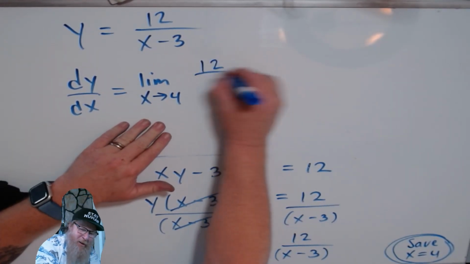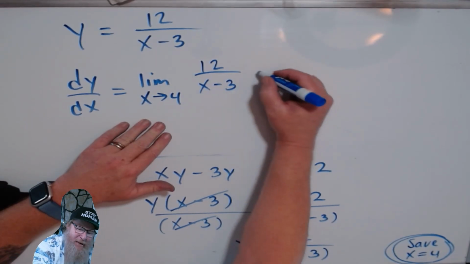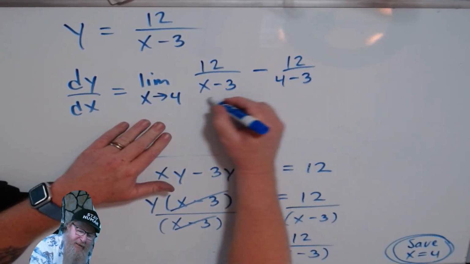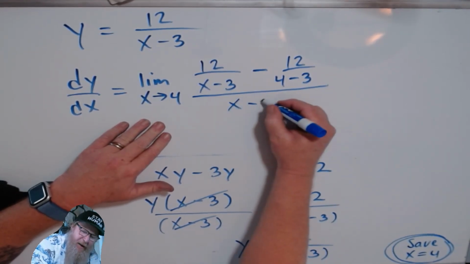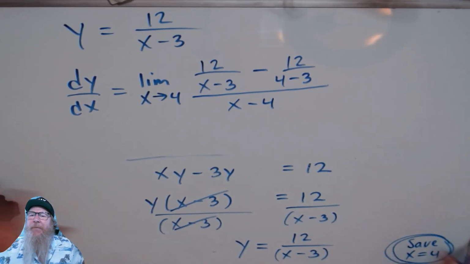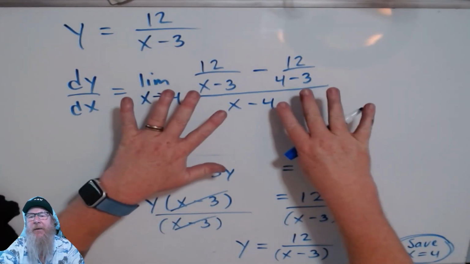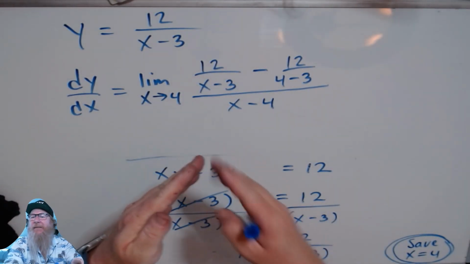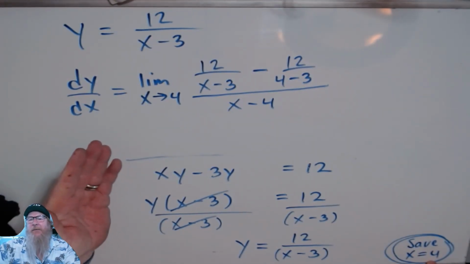So it'll be 12 over x minus 3 minus 12 over 4 minus 3, over x minus 4. It is a little messier at first, but it doesn't have the h, right? That's the advantage of this. It's just getting right to the point, x equals 4.